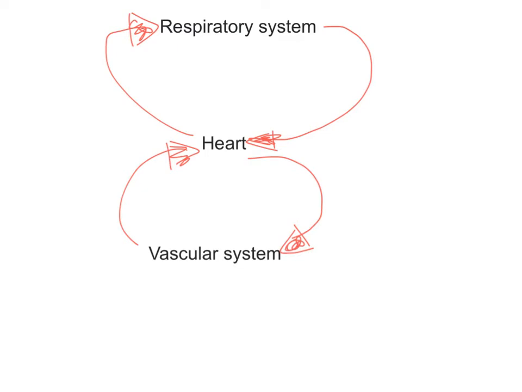The respiratory system takes in O2 and removes CO2. And obviously this happens in the lungs. The heart receives blood from the lungs.